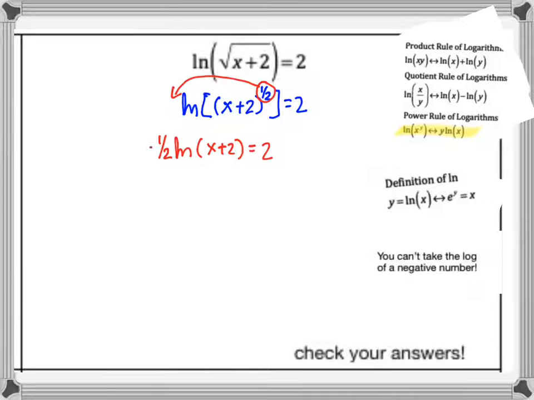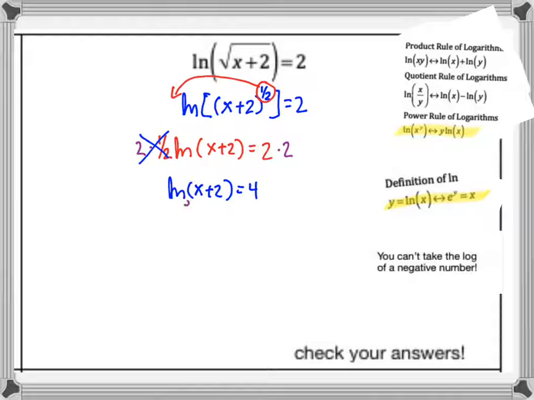Let's multiply each side by 2 in order to get rid of this fraction. This is going to give me the natural log of x plus 2 equals 4. Now we're going to roll into the definition of a log, because we have the natural log all by itself.